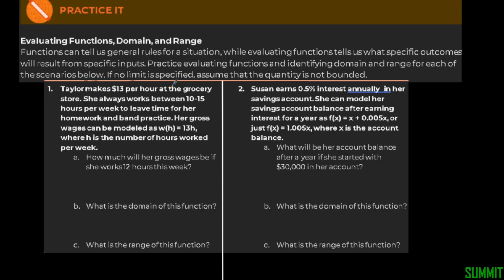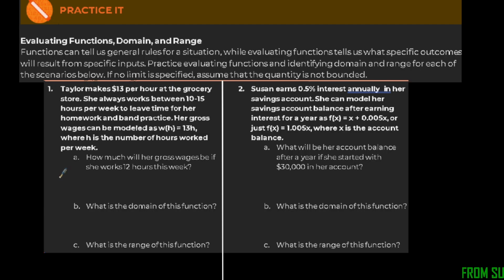So we're going to say, okay, we have Taylor makes $13 per hour at the grocery store. She always works between 10 to 15 hours per week to leave time for her homework and band practice. Her gross wages, meaning overall, can be modeled as W of H equals 13H, where H is the number of hours worked per week. So for part A, it says how much will her gross wages be if she works 12 hours this week.